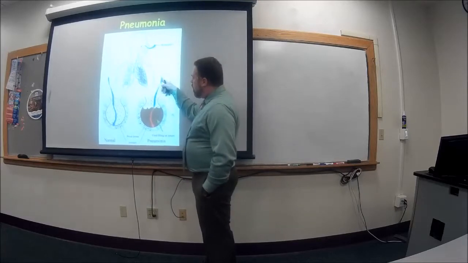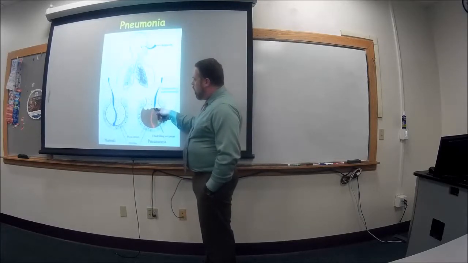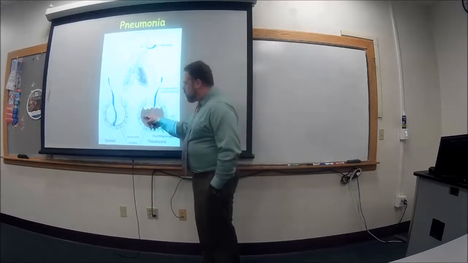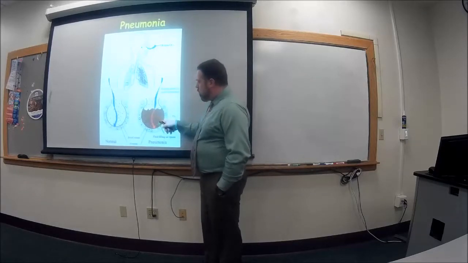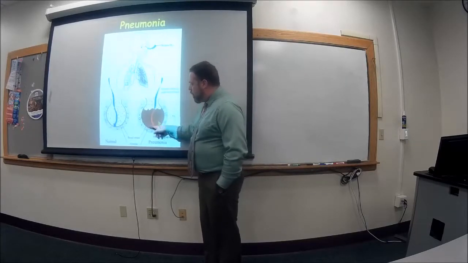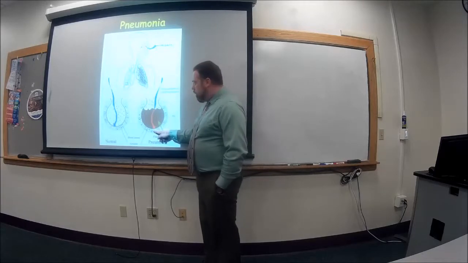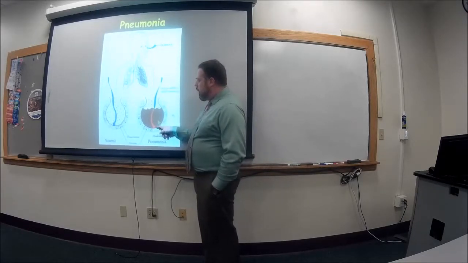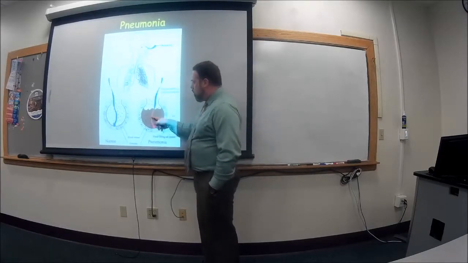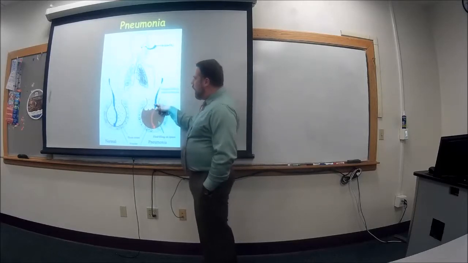So now we have this oxygen that's going to come here, but now it has to go through all of this thickness to finally get into the bloodstream over here. Then you've got carbon dioxide that goes from here, and now you've got to go through all of this thickness, all this fluid, to get out.